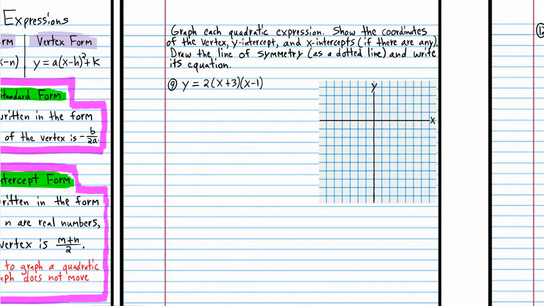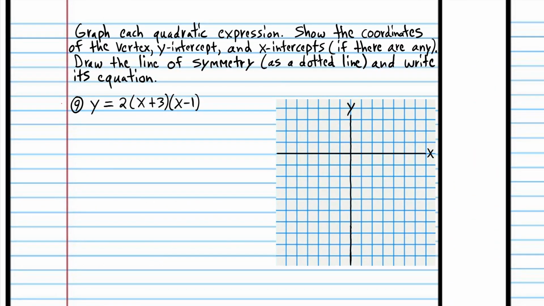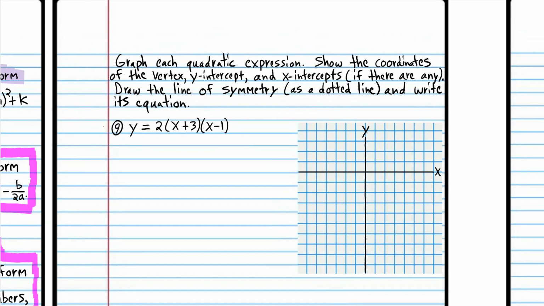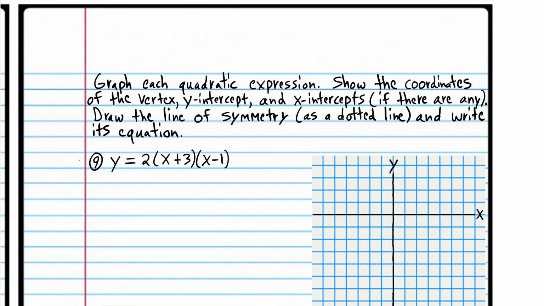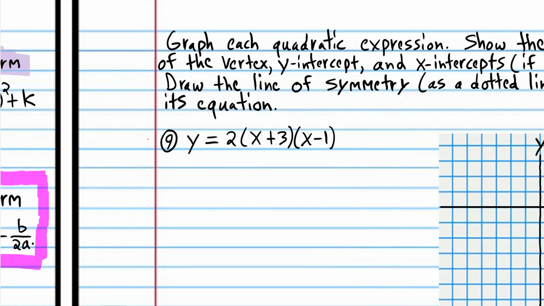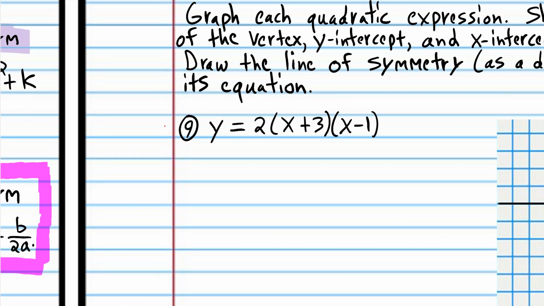Okay, so now we're going to graph quadratic expressions just like we did in the previous classes, except I'm going to require you to find the y-intercept and the x-intercepts for every graph. And also, we're going to draw the line of symmetry and write its equation. Now we have intercept form in this equation.